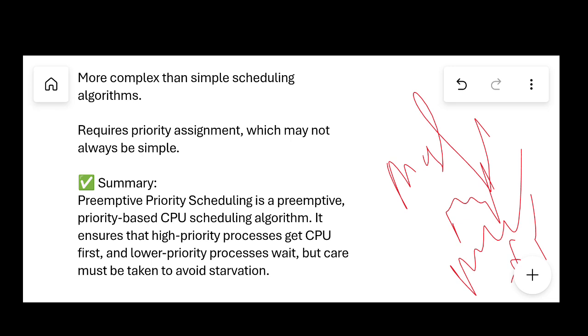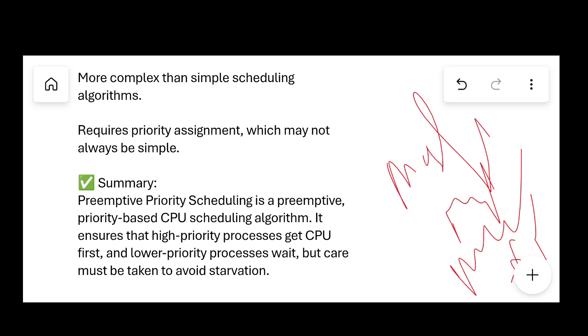All processes waiting for CPU time are kept in a ready queue. Unlike simple algorithms like first come first serve, here the CPU doesn't just go in order of arrival.